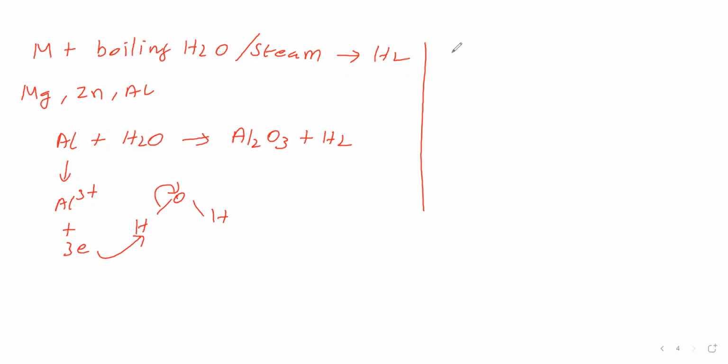Next, some metals react with dilute acids, that is dilute HCl or dilute sulfuric acid, and give hydrogen gas. Which metals? Reactive metals: the metals which come above hydrogen in the activity series can liberate hydrogen gas with dilute HCl or dilute sulfuric acid.